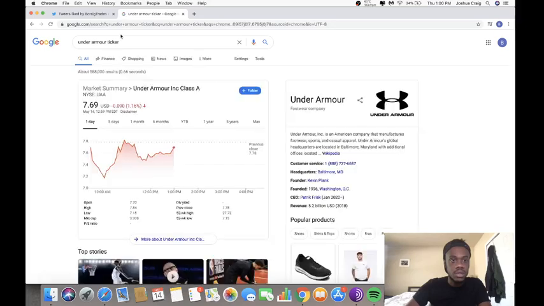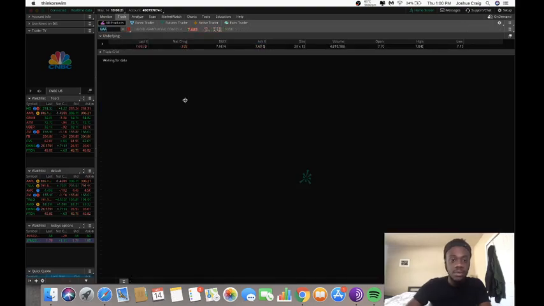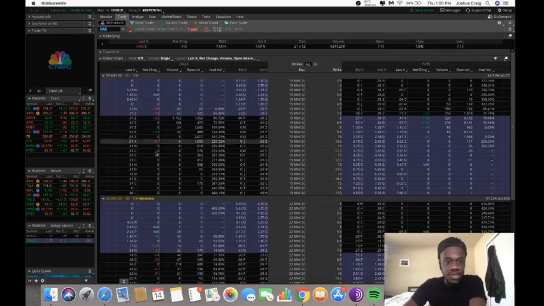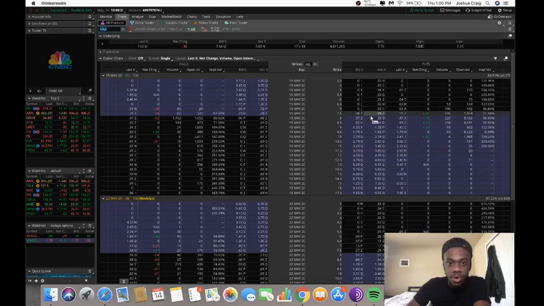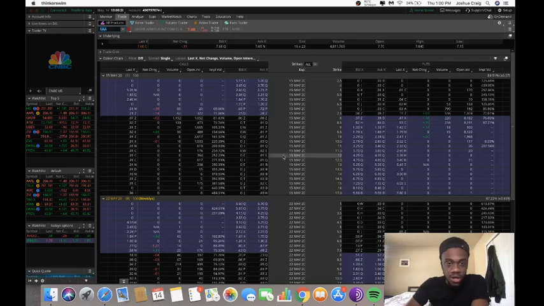Oh, UAA. Okay, cool. So if you look at a company like UAA, they really don't have that much volume in it. And certain stocks like this right here, you can see how the colors aren't as lit up as JP Morgan was. This is not something I typically would day trade in, maybe for a long swing trade, but it's not something I would day trade in.